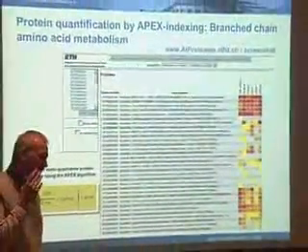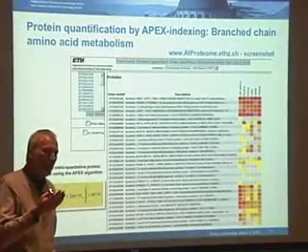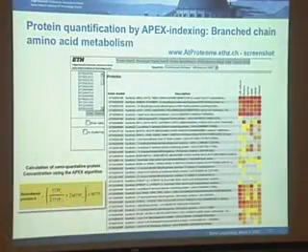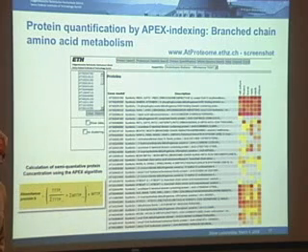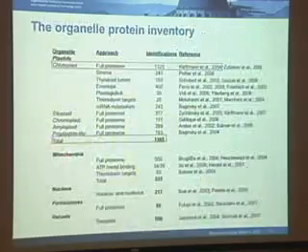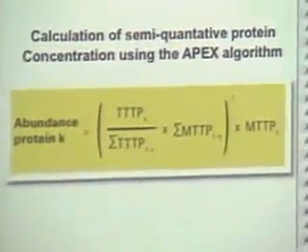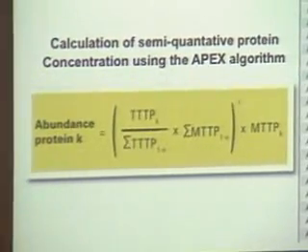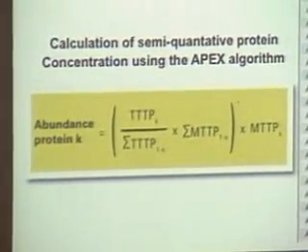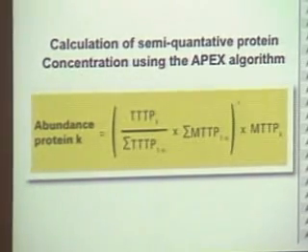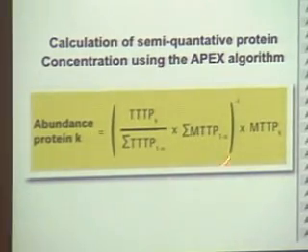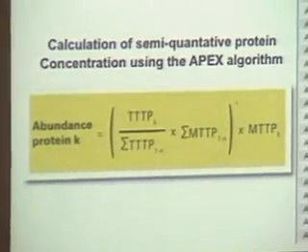Because the mass spec analysis that we have done is all done in biological replicas, many technical replicas, and so on, we have used an algorithm that was developed a couple of years ago and adapted it to the genome-scale data. This algorithm was actually developed for a small-scale proteome analysis in yeast, and we adapted it to the Arabidopsis proteome data.